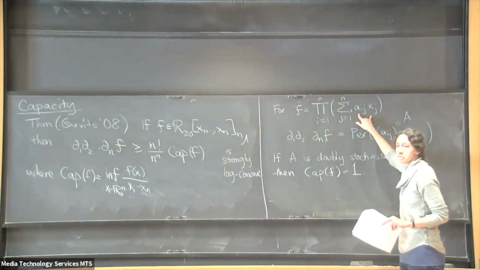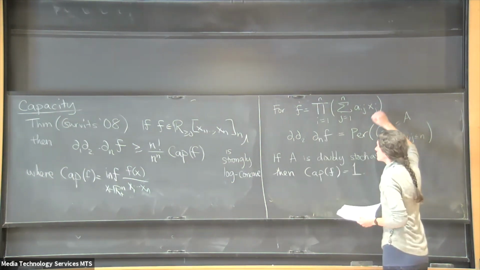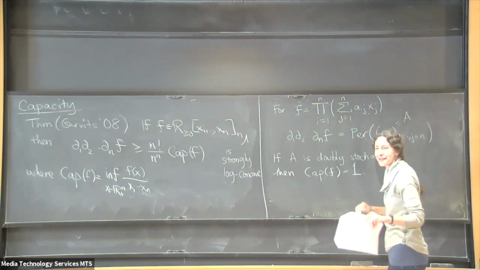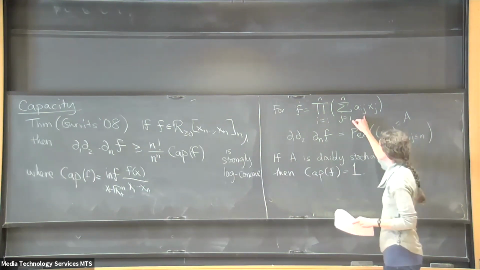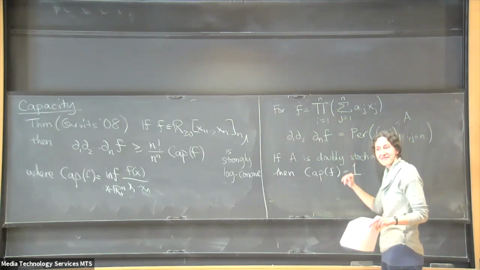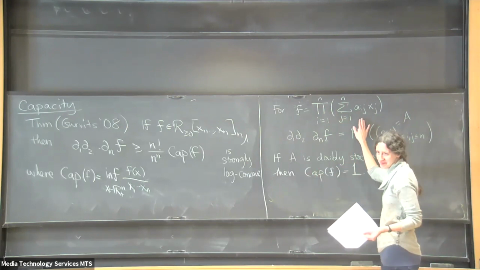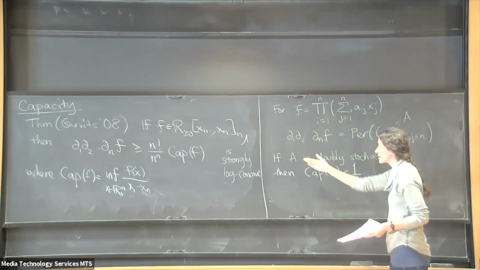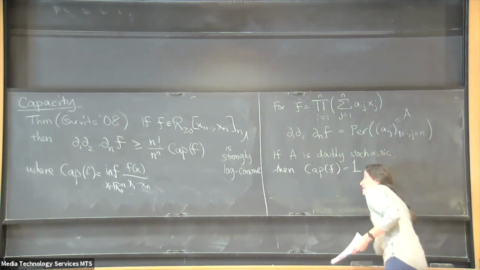Okay. And you can check it's log-concave, and if you take a derivative, it vanishes. And then I told you you're allowed to take products. This is also stable, which is how he originally did it.